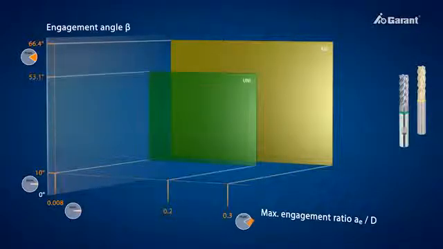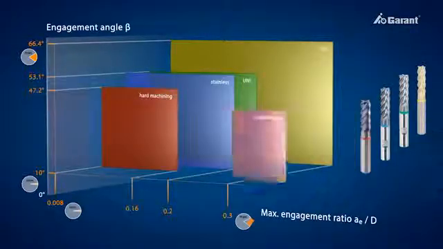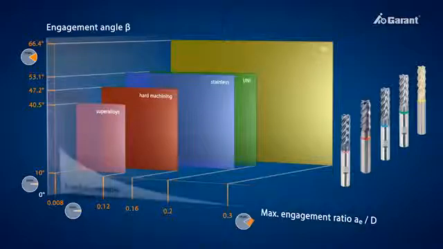Other ranges apply to uni, stainless, hard machining and superalloys, for which the optimum range lies between 10 degrees and 40.5 degrees. That corresponds to an engagement ratio of 0.008 to 0.12. To keep the average chip thickness constant as the engagement ratio becomes less, we have to increase VF.